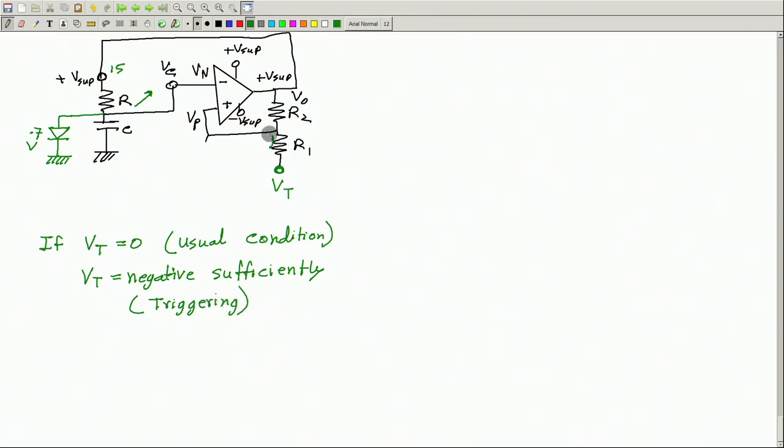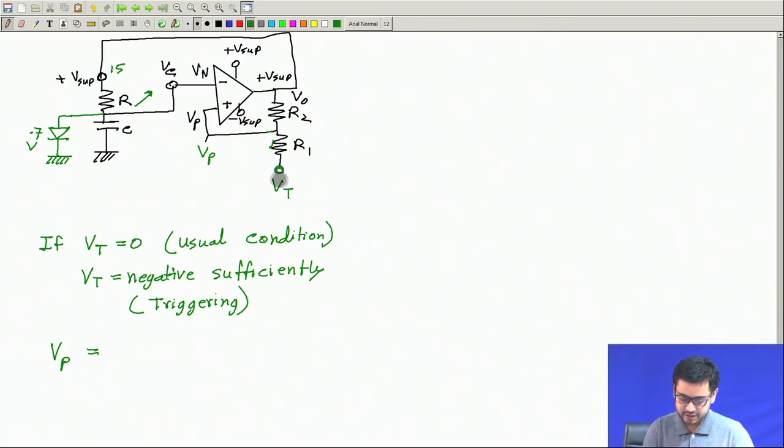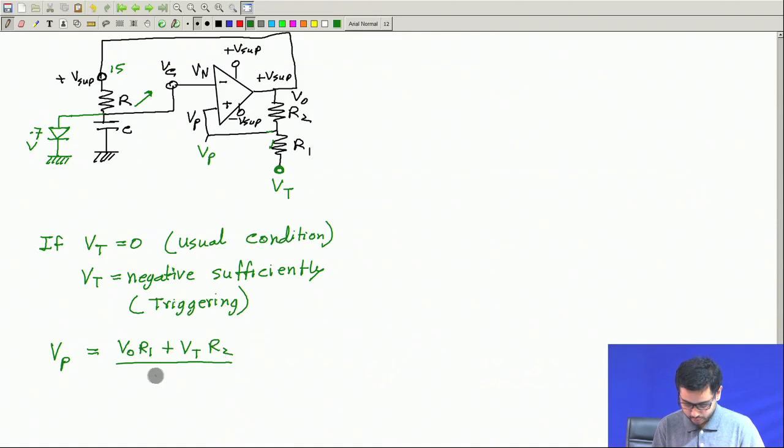Why? Because you see that this voltage Vp can be written as some sort of average of Vo and Vt. Okay, so we can write this is equal to (VO R1 plus VT R2) divided by (R1 plus R2).